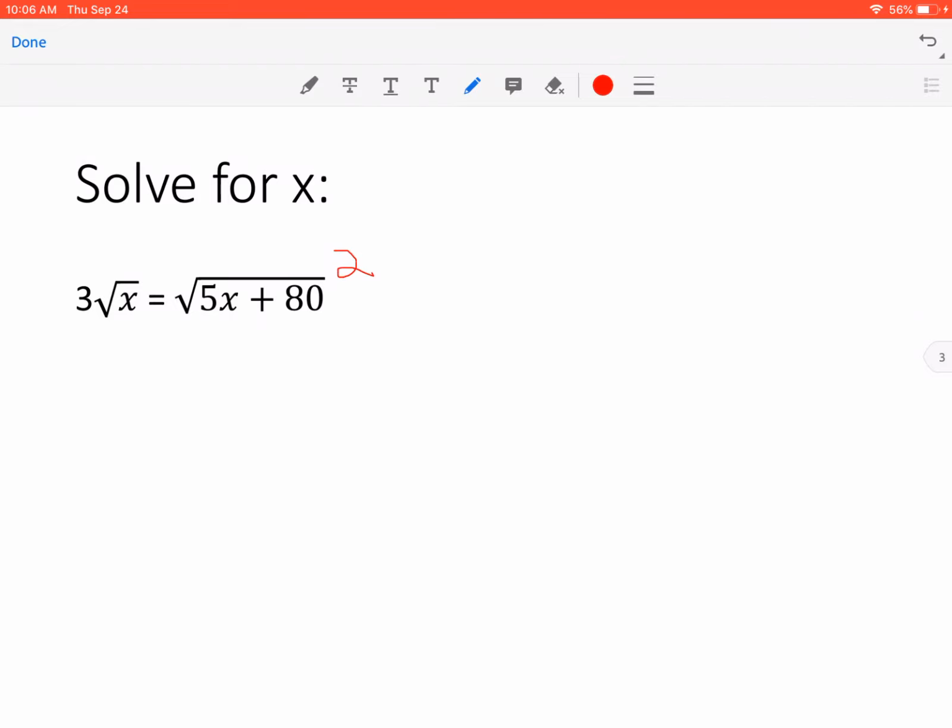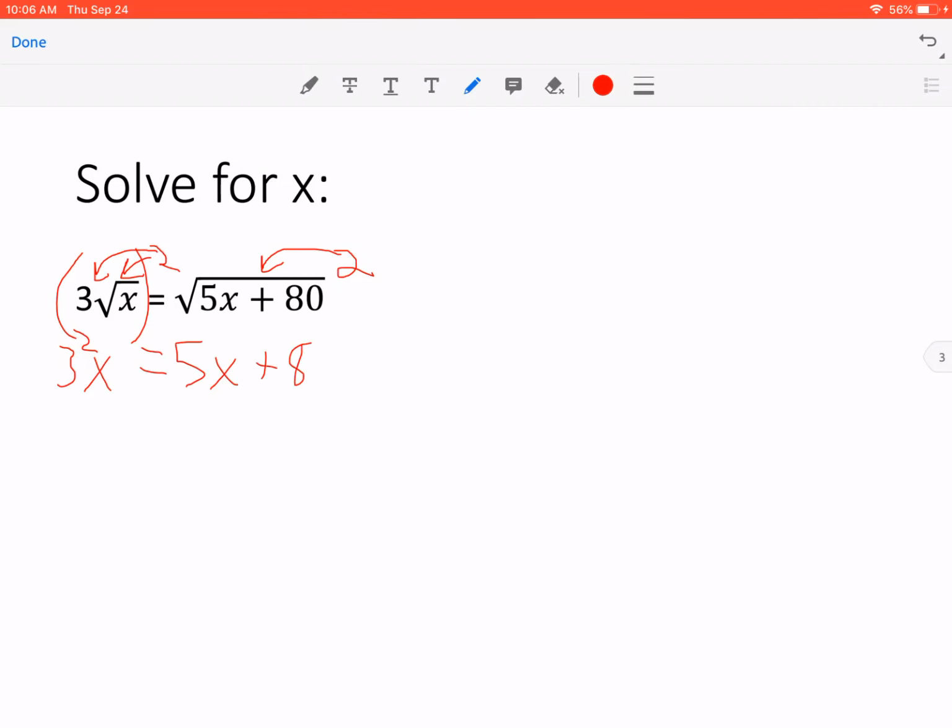But if I square the left side, I'm squaring everything. So not only am I squaring the square root, which will cancel it, I also need to square that 3. So that's really 3 squared. Square root cancels the square, so it's 3 squared x. Remember, this square cancels this square root, so 5x plus 80.